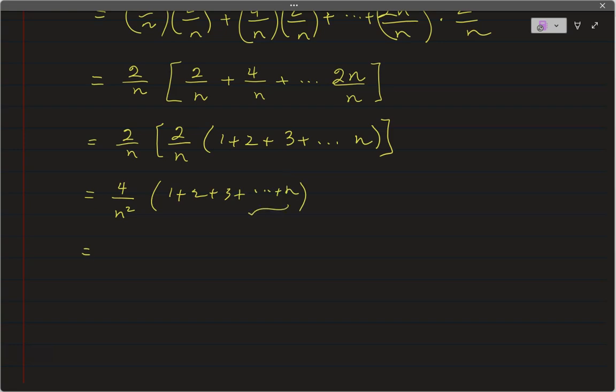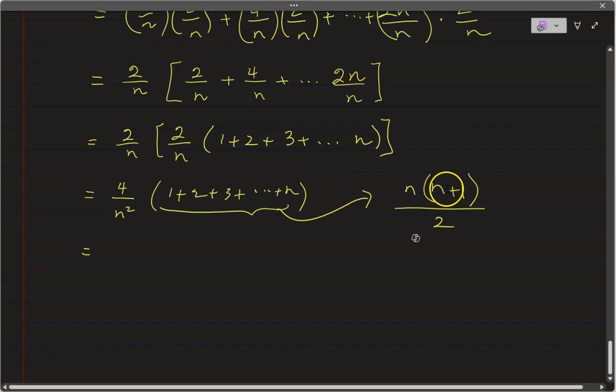And this is the Gauss sum. If you remember, the sum in here is given by the formula n times n plus 1 over 2. Gauss did this when he was 10 years old.